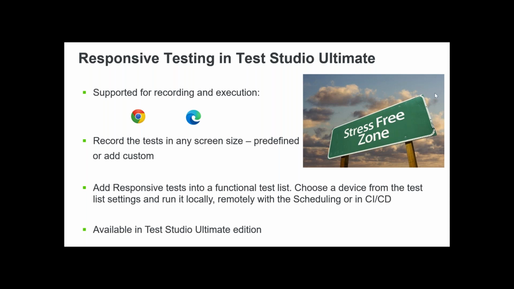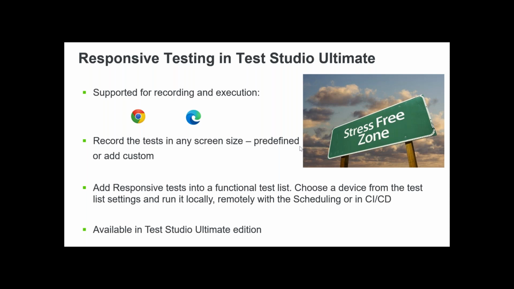Last but not least, there is almost no learning curve here because it's the same look and feel as if you're creating a functional UI web test, what you have been doing till now for those of you who are existing Test Studio customers. You can also add those responsive tests into test lists, which you can schedule for remote execution, or for execution at different times of the day.